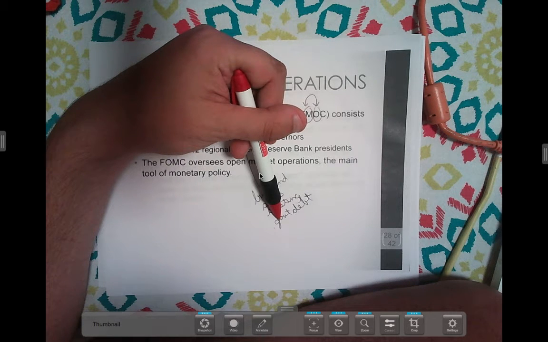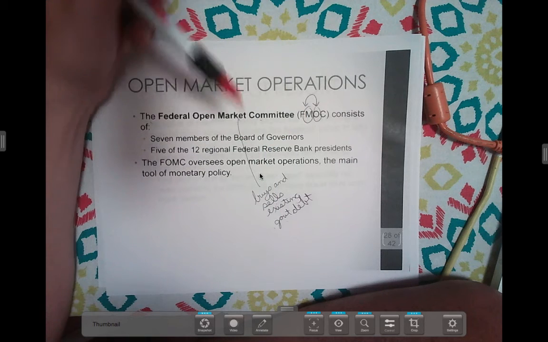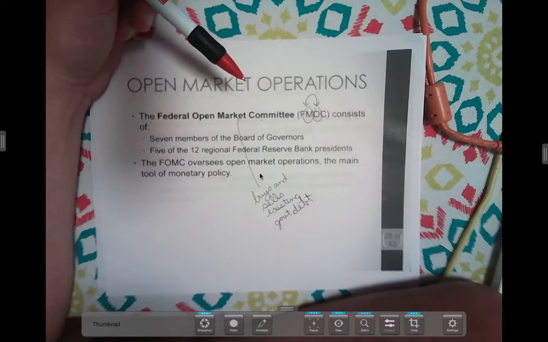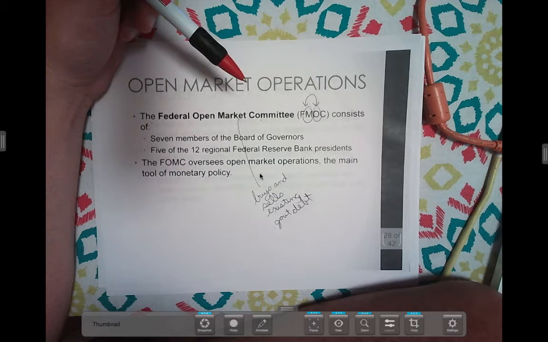Now, the reason why they hold a lot of government debt is because, remember, the central bank is creating and destroying the money supply as they see fit, right? To grow the economy, they're going to expand the money supply. They could shrink the money supply as well if we were in too good of an economy.